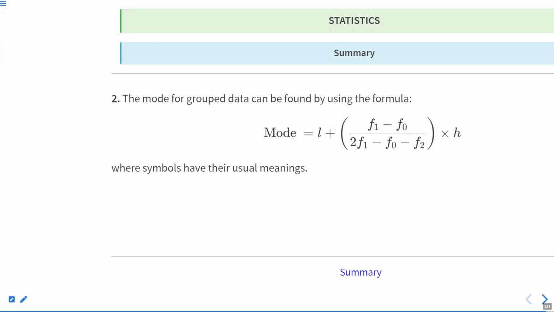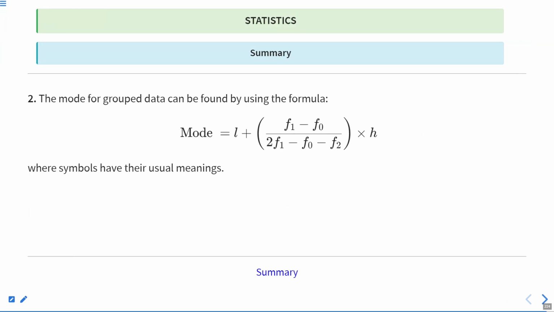Second point: we have studied the mode for grouped data. The mode can be found by using this formula: mode is equal to L plus (f1 minus f0) divided by (2f1 minus f0 minus f2), times h, where the symbols have their usual meanings that we have discussed in our lecture.